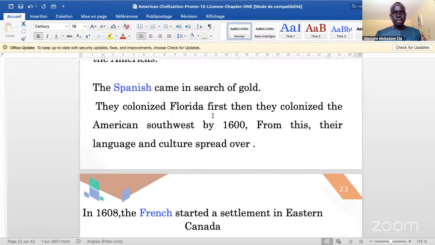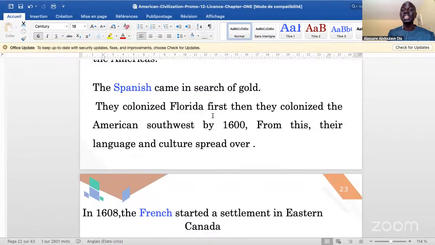What was the objective? The Spanish came in search of gold. And they colonized Florida. Florida was an American colony.